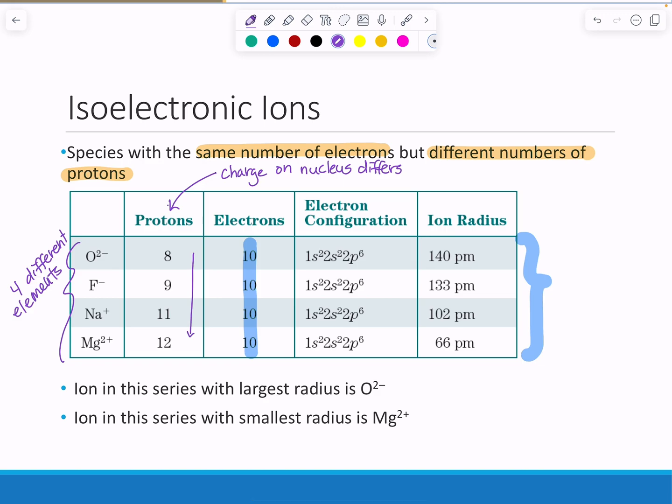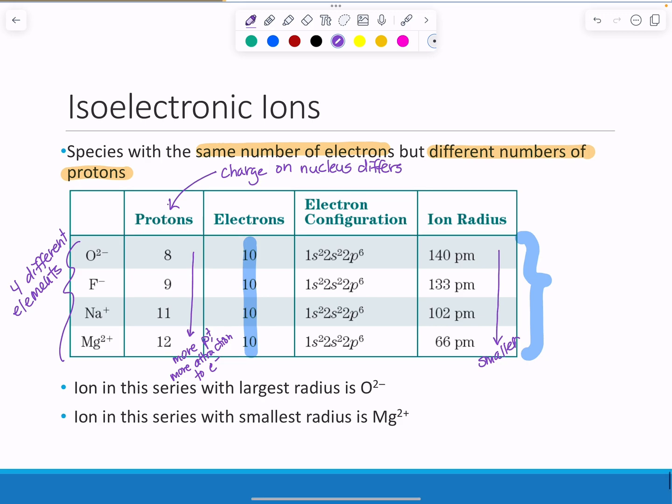Positive charges attract our electrons, so if we look at the radius, the size, we get smaller. As we go down, we have more protons, more positive charge, and a stronger force of attraction to those electrons. They're pulled closer, and so your size is smaller.